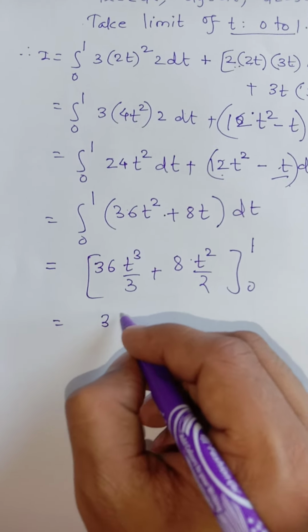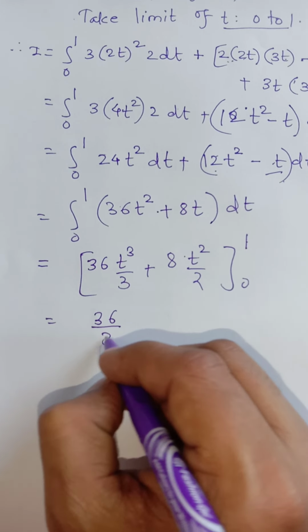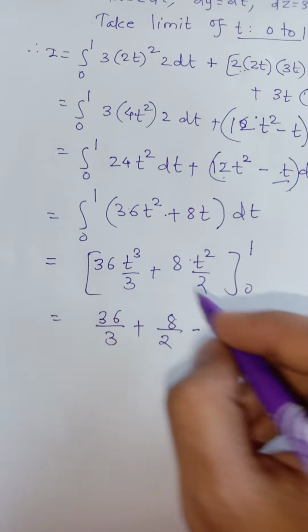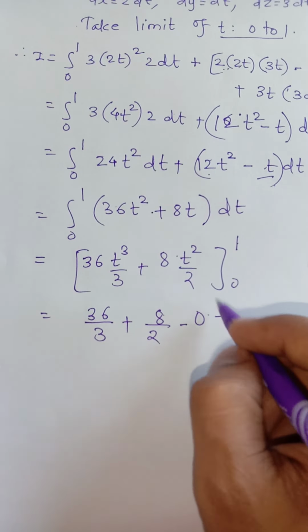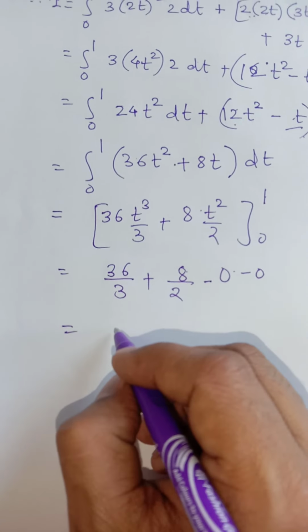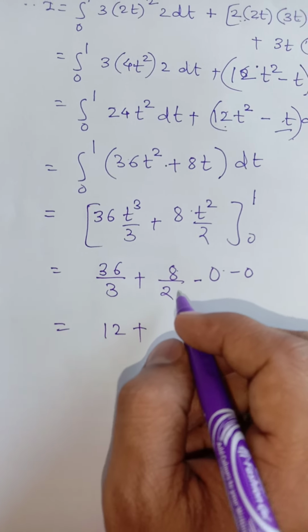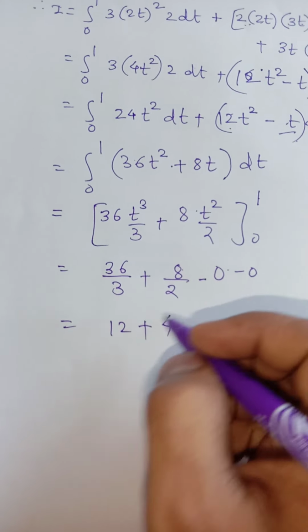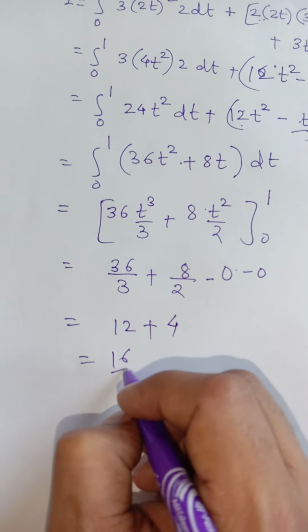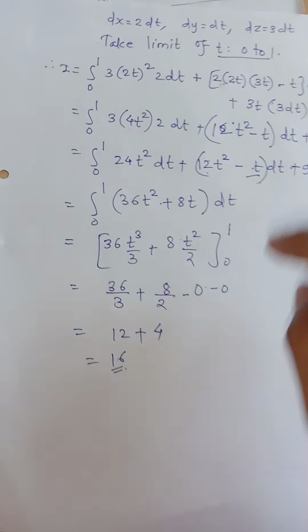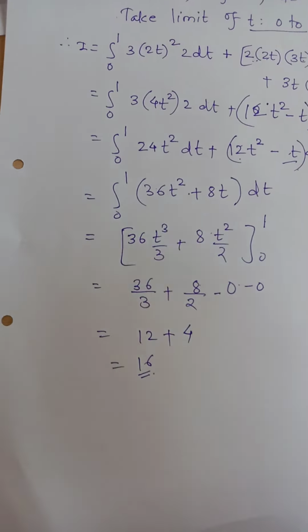So we get 36 upon 3 plus 8 by 2 minus 0. So 36 upon 3 means 12, plus 8 upon 2 means 4. So 12 plus 4 is 16. So the value of this integral is 16.